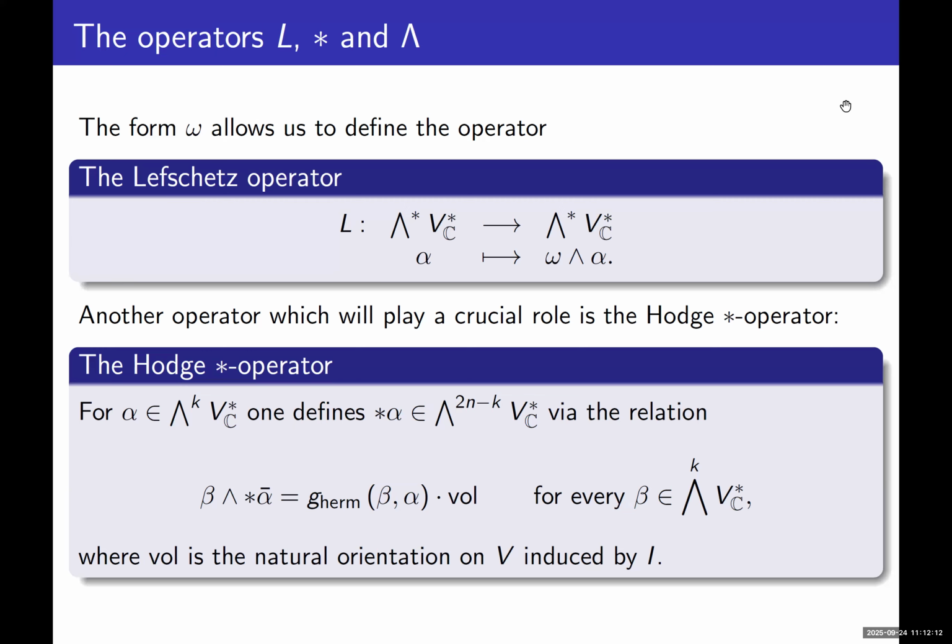If we require that this holds for every beta, then we are basically defining the star operator. And here it is important that vol is the natural orientation induced by I, which I recalled before.